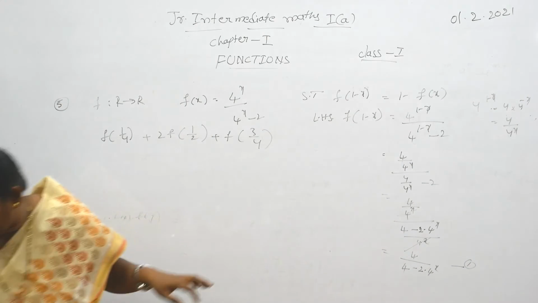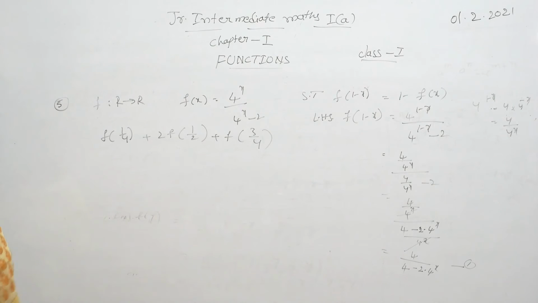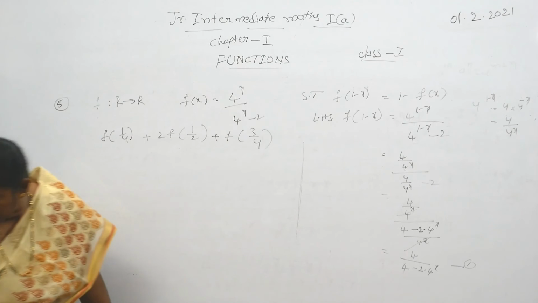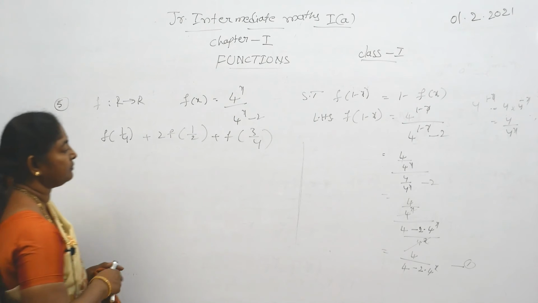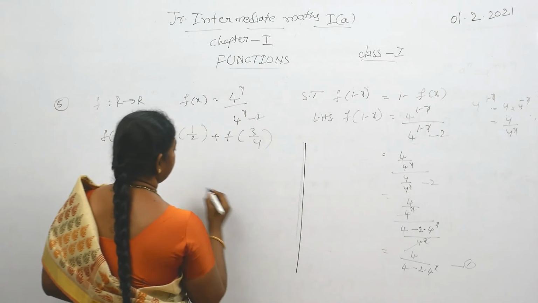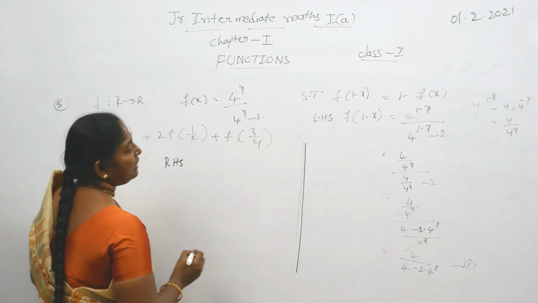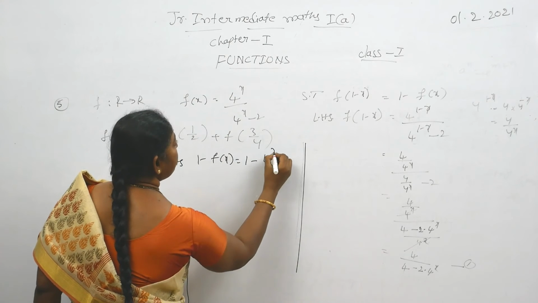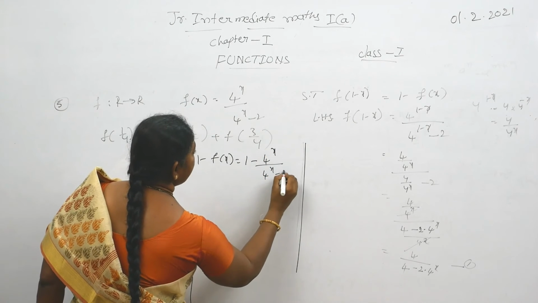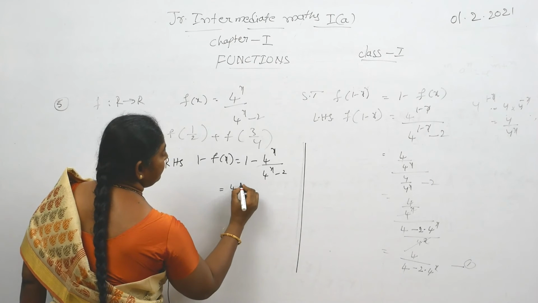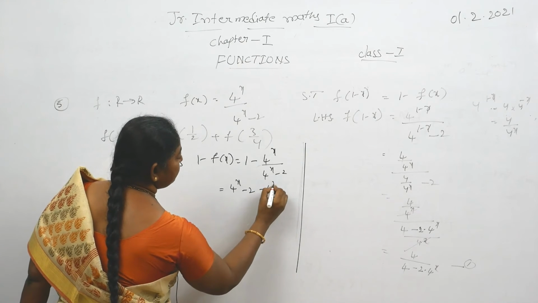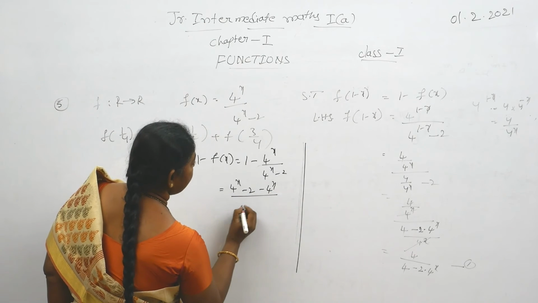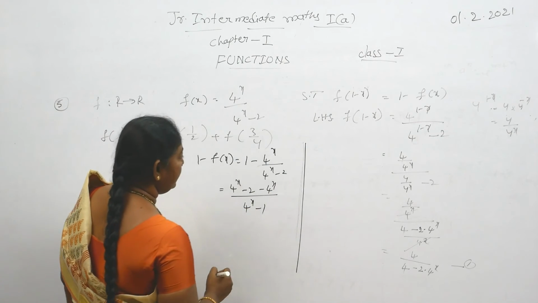Next, RHS. 1 minus f of x equal to 1 minus 4 power x by 4 power x minus 2. So taking LCM, 4 power x minus 2 minus 4 power x by 4 power x minus 2.